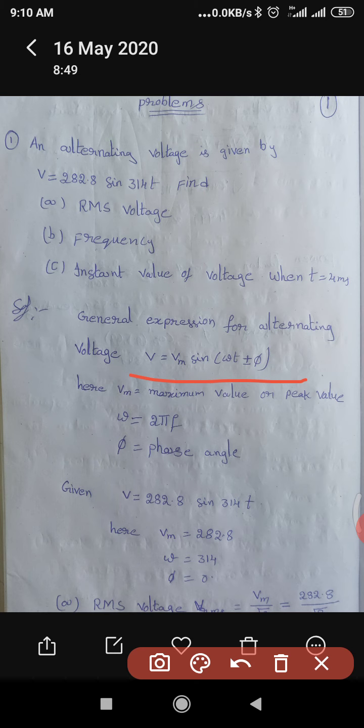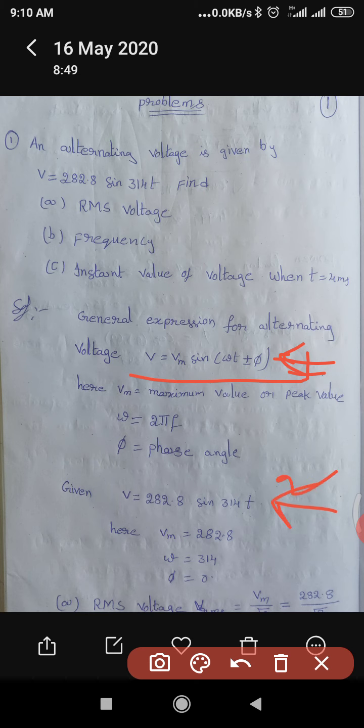Depending upon the network, this phase angle is going to change. Next, by comparing this equation and the given equation, let us consider this as equation number 1 and this as equation number 2.